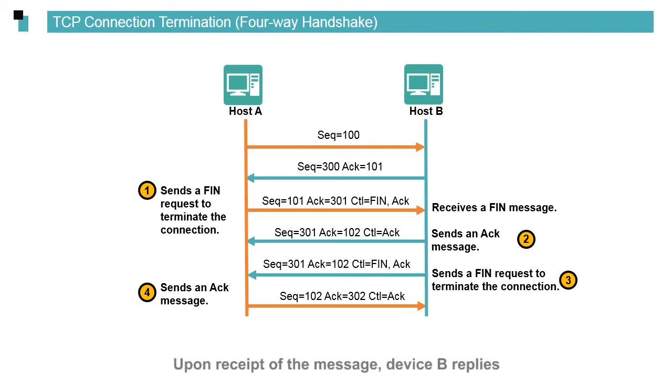Upon receipt of the message, Device B replies with a TCP message with an acknowledgement number to Device A to confirm the received message, and sends another TCP message carrying the FIN and acknowledgement numbers to instruct Device A to close the connection. Upon receipt of the messages, Device A replies with a TCP message carrying the acknowledgement number to Device B to confirm the disconnection.